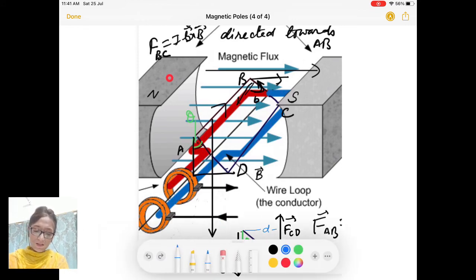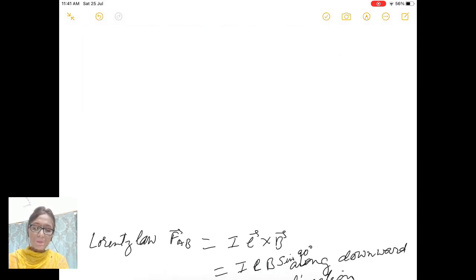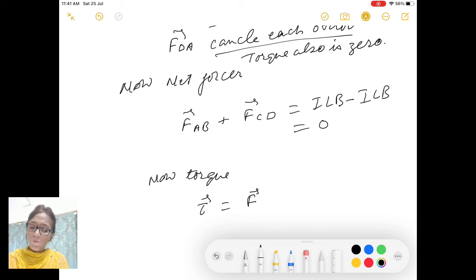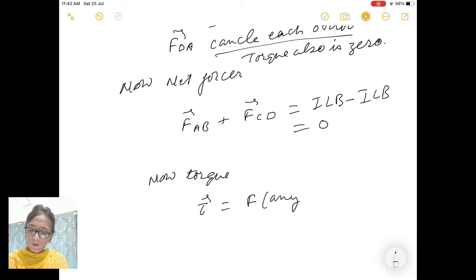So let us find the torque. Now torque tau is equal to any one force into the perpendicular distance.